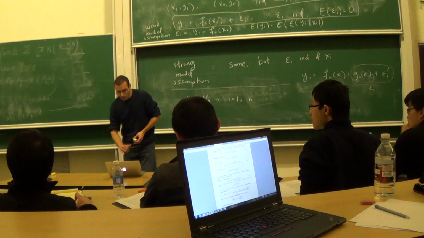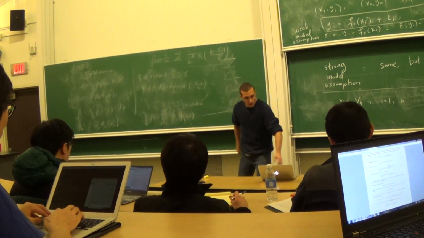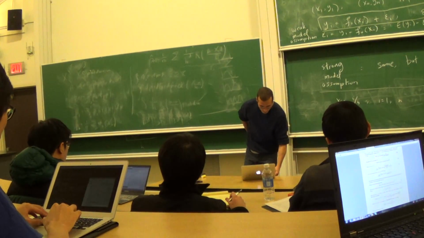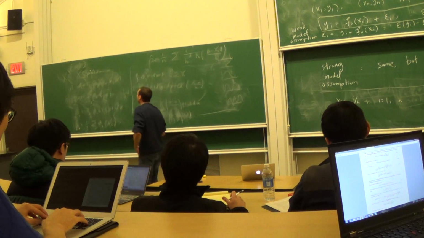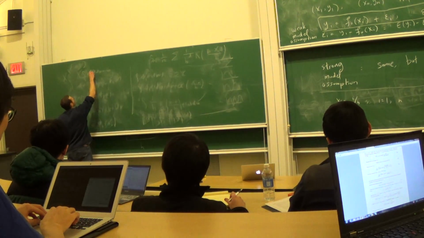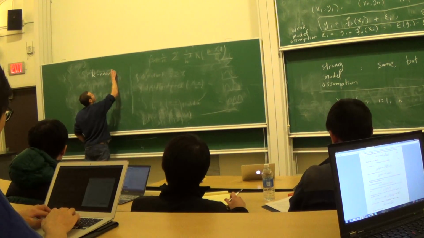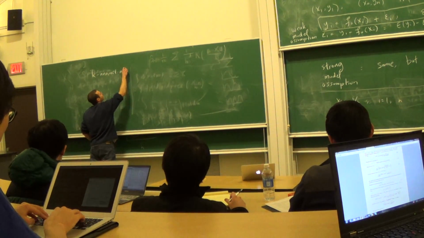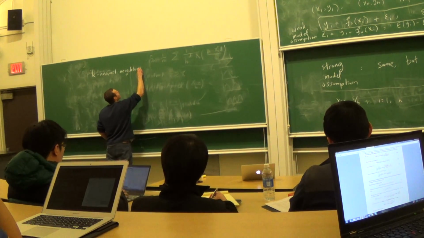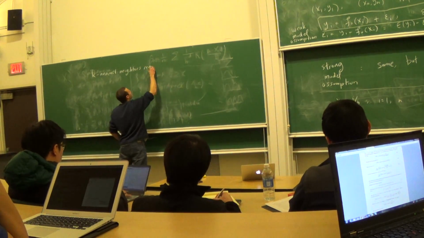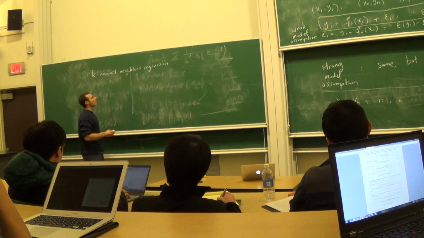Next time we might discuss it in a little more detail, and then we'll quickly move on to other estimators. All right, so the first one is KNN, so k nearest neighbors regression.